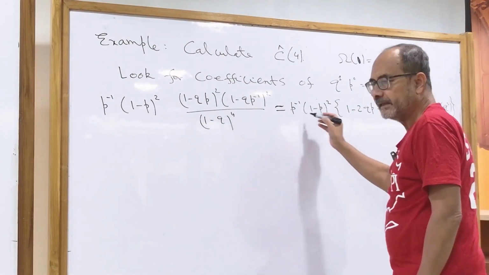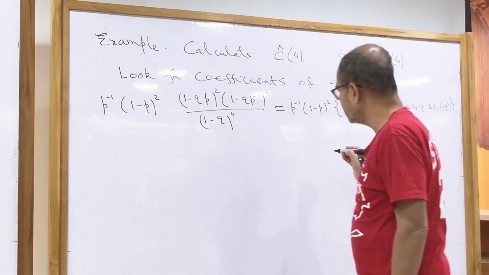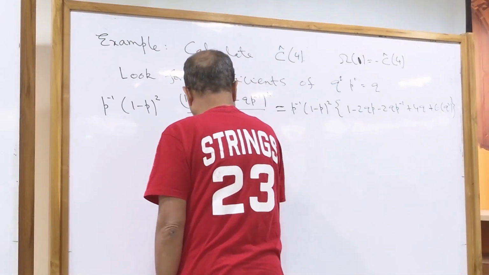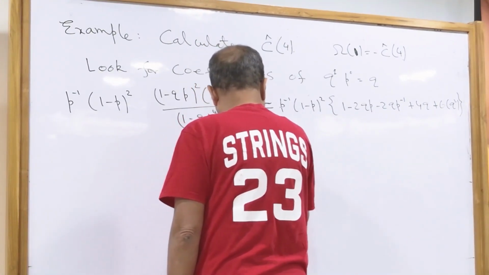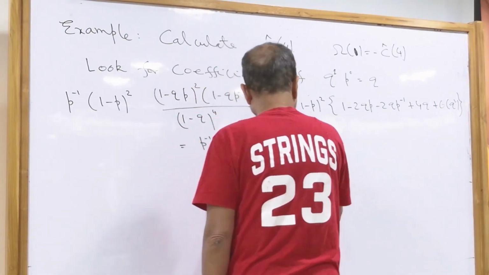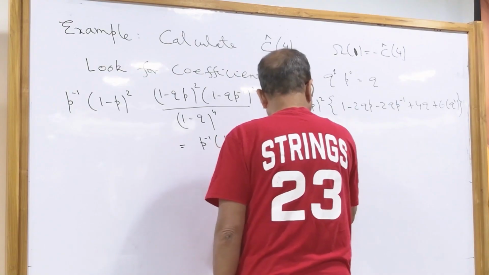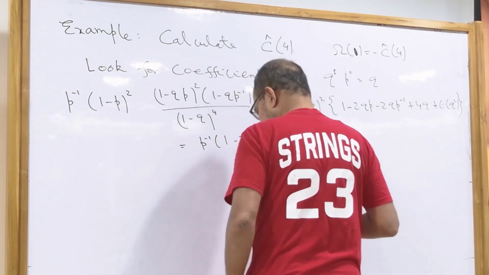So now let's do the P expansion. I write this as P inverse times 1 minus 2P plus P square times 1 minus, okay, let's keep it as it is.